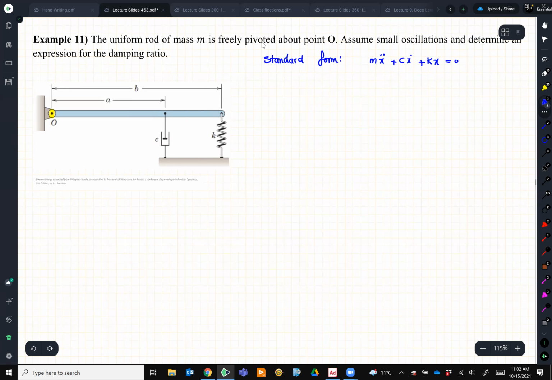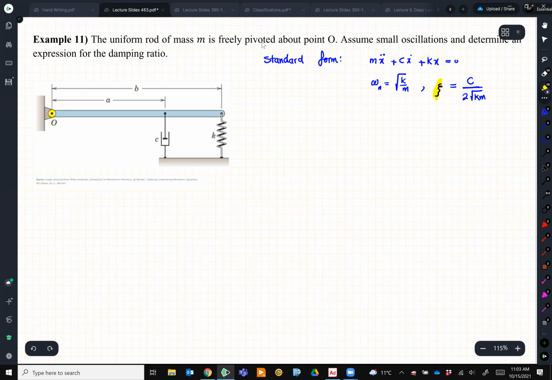And we know some parameters that we define, like the natural frequency, square root of k over m, and the damping ratio, which is c over 2 square root of km. So we want to find out zeta.